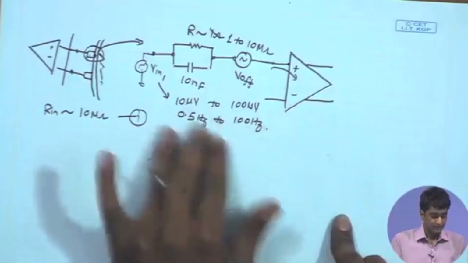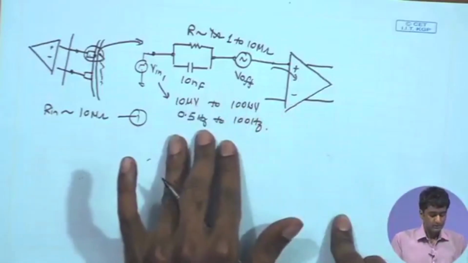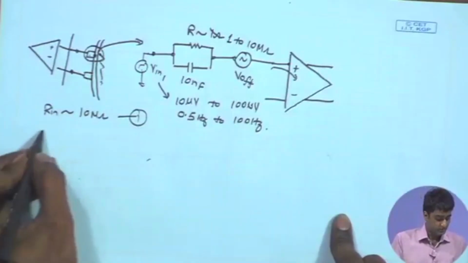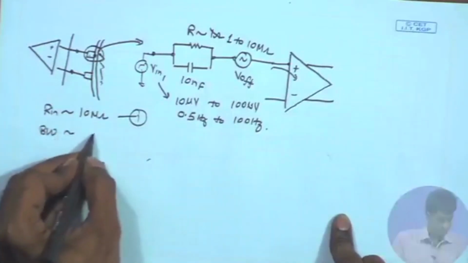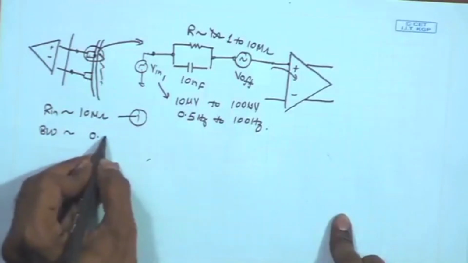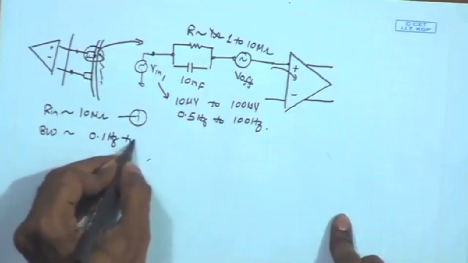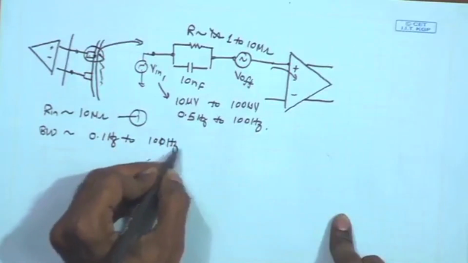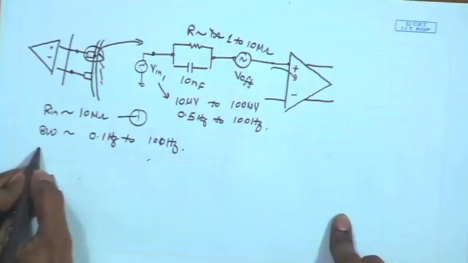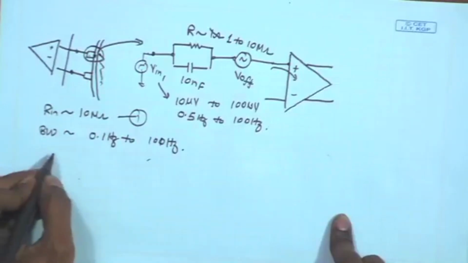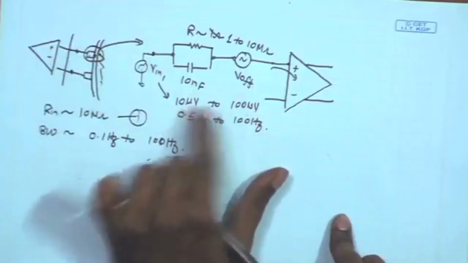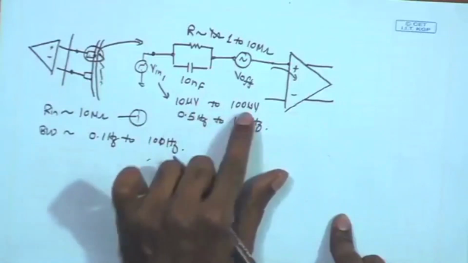So, at least looking at this signal, the highest level specification that I can arrive at will be bandwidth, say being a little bit more conservative, 0.1 hertz all the way to say 100 hertz, and the input signal range or dynamic range which the amplifier should be able to handle should correspond to this input range 10 microvolt to 100 microvolt.